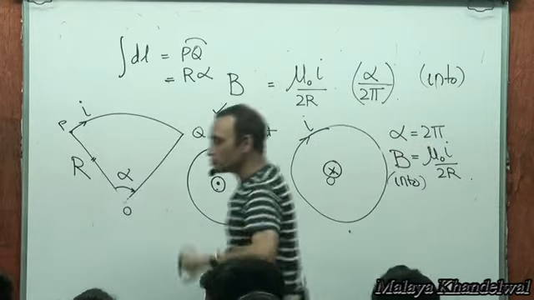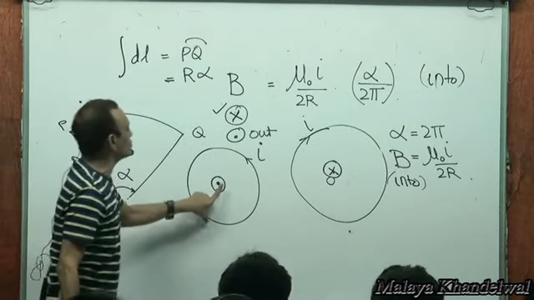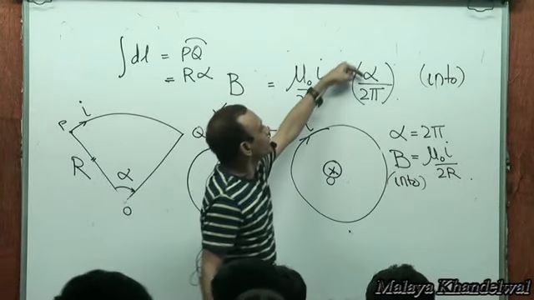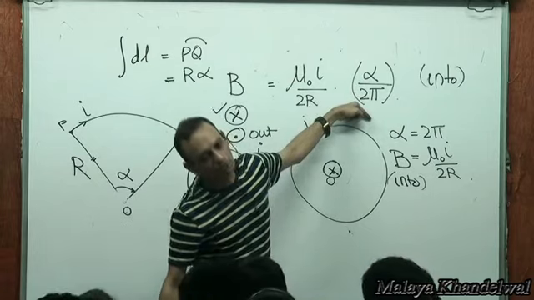That's all. Now, coming back to this, the magnetic field produced at O by a circular arc is mu naught I by 2r into what proportion alpha is with respect to 2 pi.